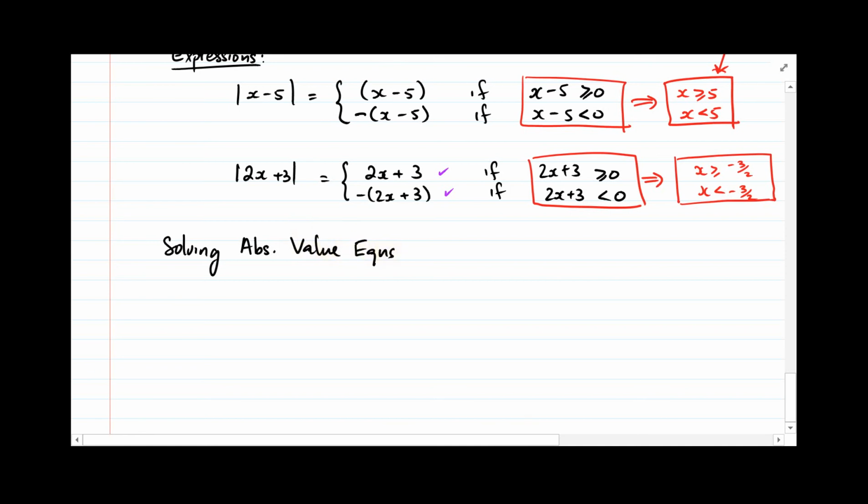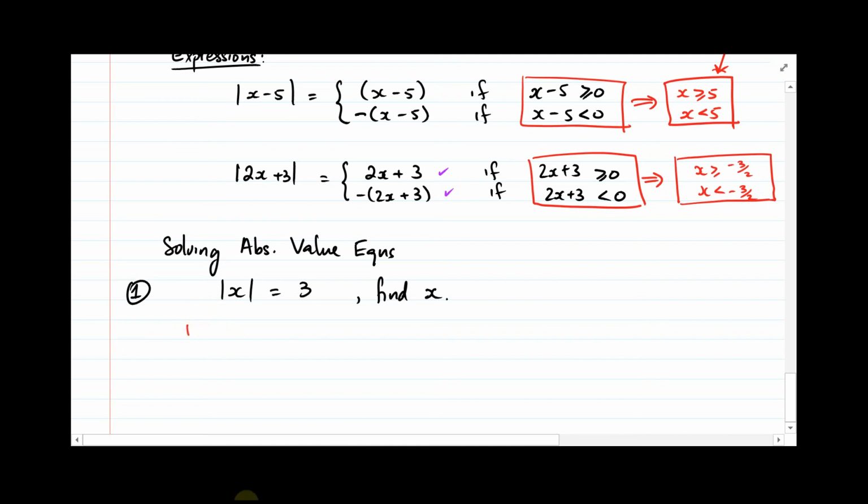Okay. All right, so let's start out with the most simple example that we can have. The absolute value of x equal to 3. Find x. All right, so in solving this, recall that we have 2 possibilities.